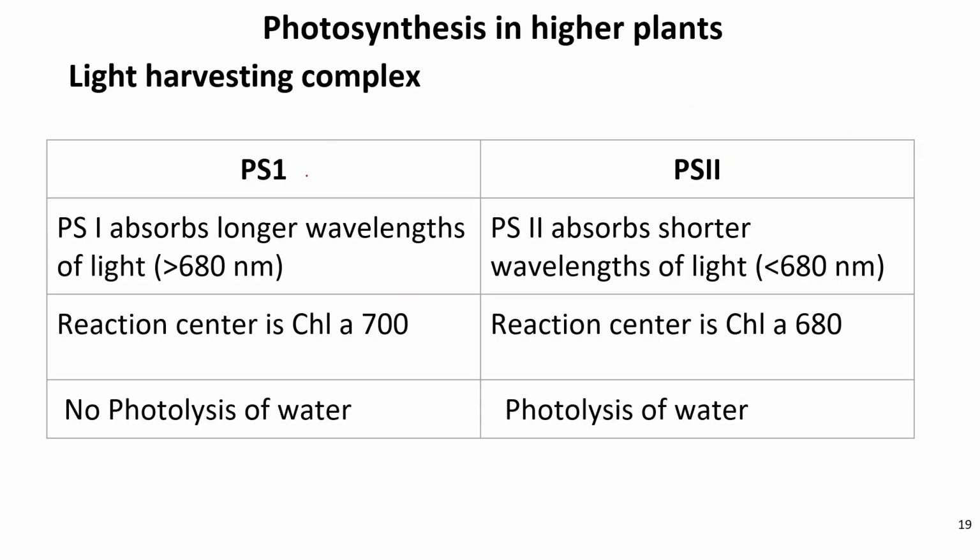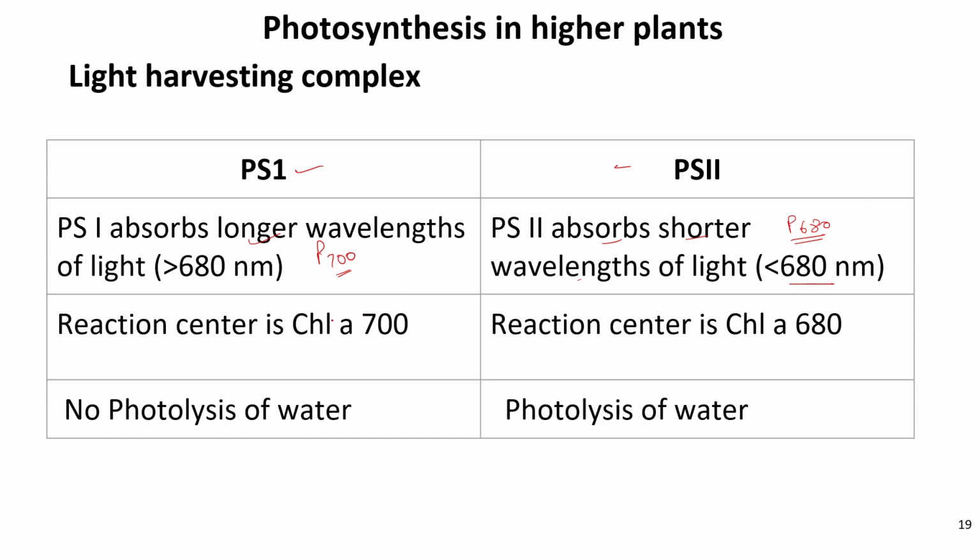Then let's talk about photosystem 1 and photosystem 2 now. Photosystem 1 absorbs longer wavelengths of light, more than 680 nanometer, and we denote it as P700. Photosystem 2 absorbs shorter wavelengths of light, less than 680 nanometer, and we denote it as P680.